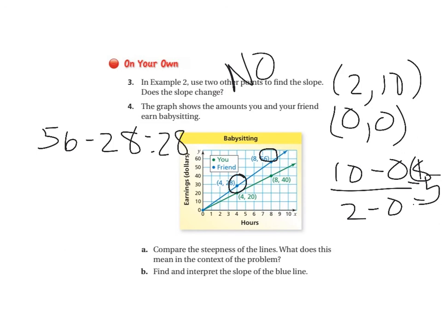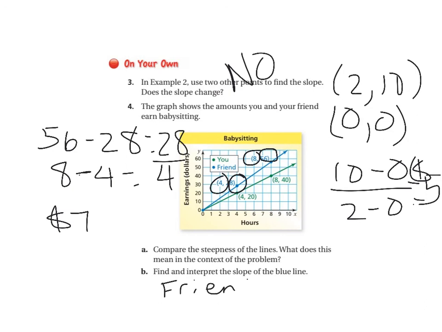And then we take 8 and 4 and subtract those, which equals 4. And then 28 divided by 4 equals $7. So our friend is making $7 per hour.